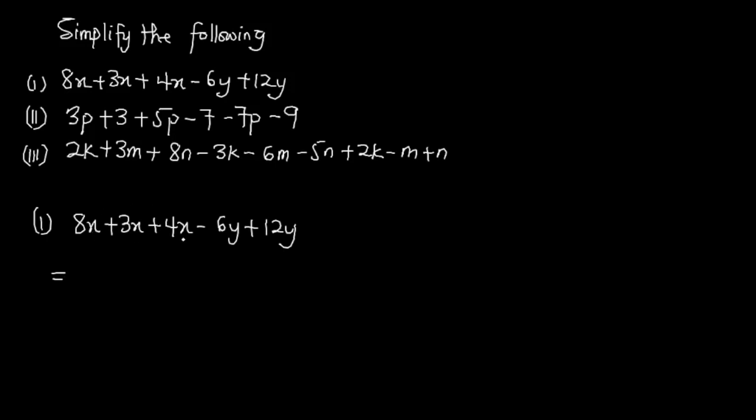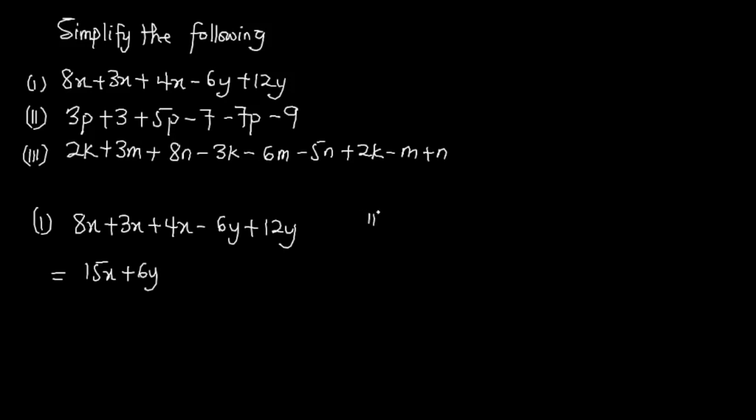All we need to do is to add the terms. So we have 8x plus 3x, that will give us 11x, plus 4x, that will give us 15x. Then we have minus 6y plus 12y, that will give us plus 6y. So this becomes our answer. So our first answer is 15x plus 6y.